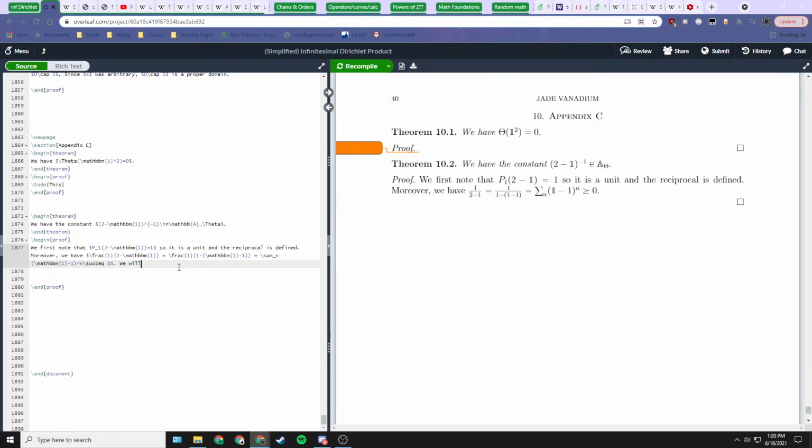We will define an upper bound to our constant and show that it is in A sub theta, which will consequently prove the theorem.